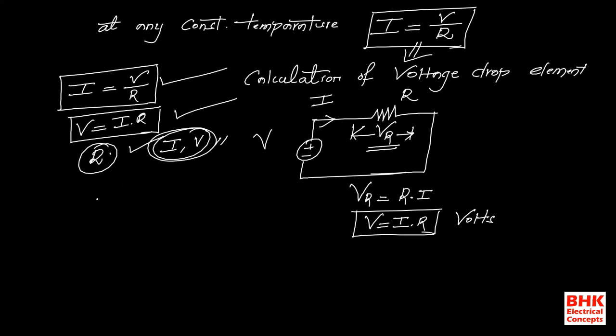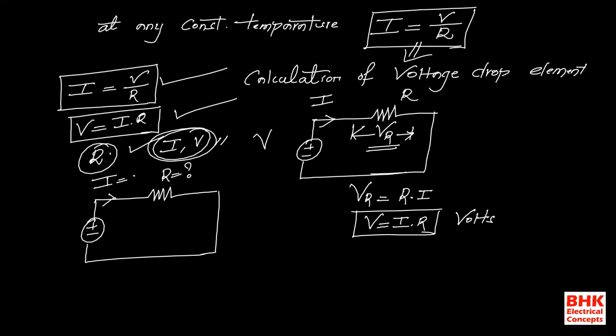For example, just see the network. In this particular network, we don't know the value of resistance, but we know that the current flowing through it, for example, I am considering as 10 amperes, is flowing through this circuit, and here we are applying V is equal to 100 volts. Now, V is equal to 100 volts we know, and I is equal to 10 amperes we know, but we don't know the value of R. Now the same formula we can use to calculate the value of unknown resistance.